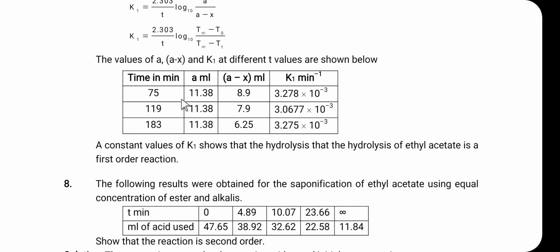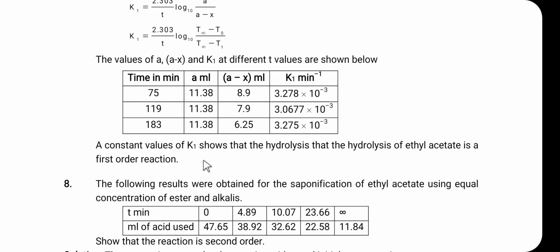Substituting all these values one by one in the expression K1 is equal to 2.303 divided by t, log of T infinity minus T0 divided by T infinity minus Tt, these are the values of K1. Considering all these 3 values of K1, we observe that they are constant: 3.278 into 10 raised to minus 3, 3.0677 into 10 raised to minus 3, 3.275 into 10 raised to minus 3.